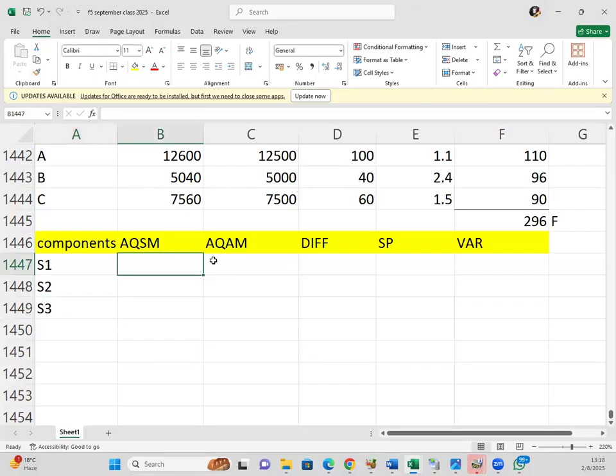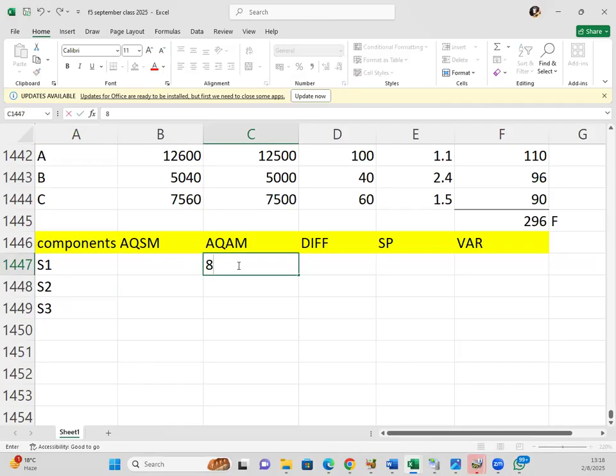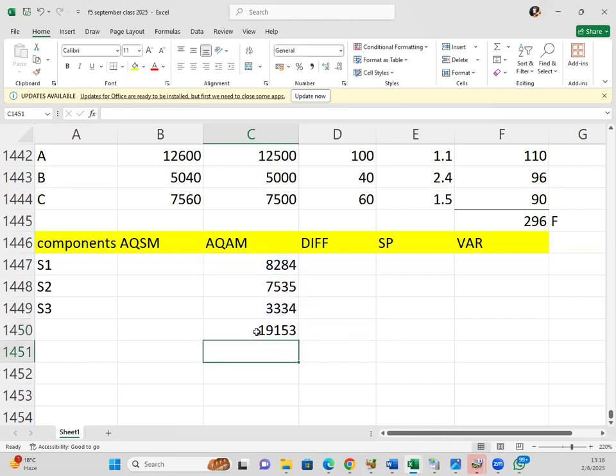Then we start with the actual quantity, actual mix. The actual quantity is used for S1, S2, so we can then sum up.